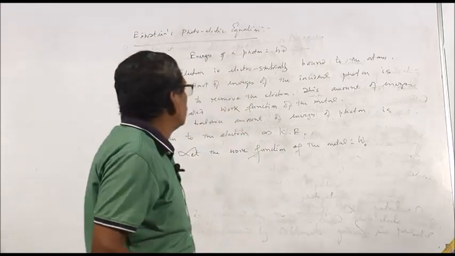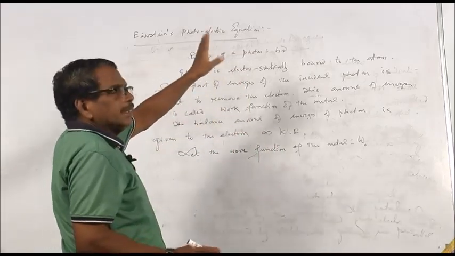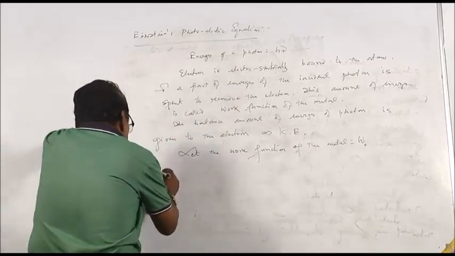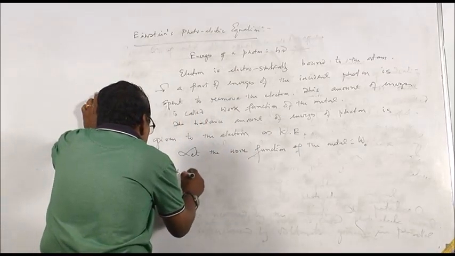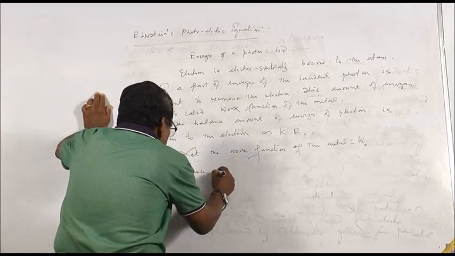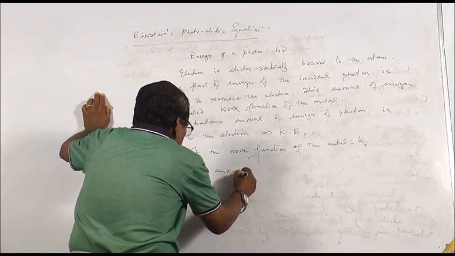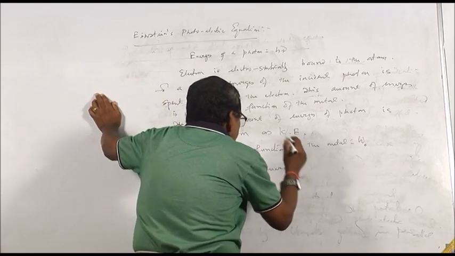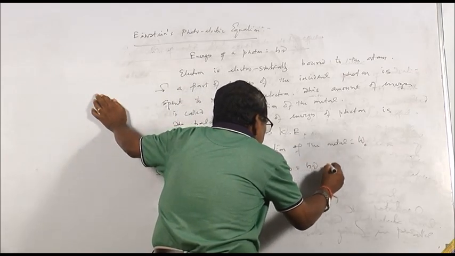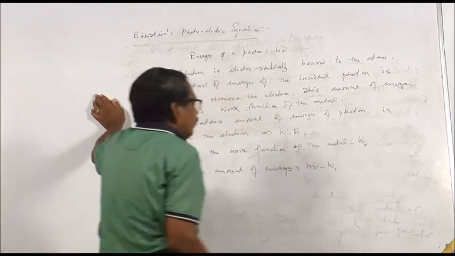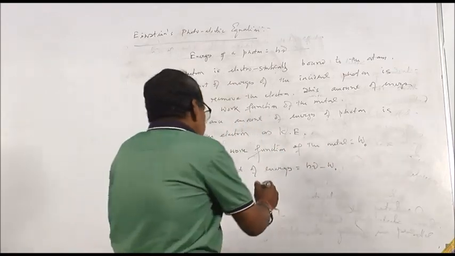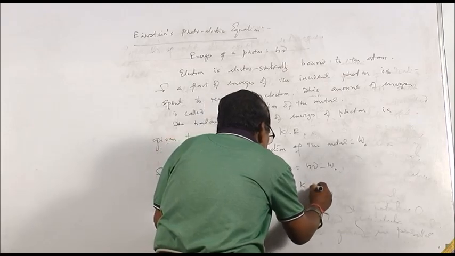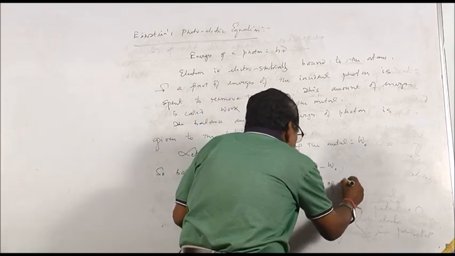This is the amount of energy spent to remove the electron. So, the balance amount of energy is equal to h nu minus W0, which is equal to the maximum kinetic energy of photoelectrons.